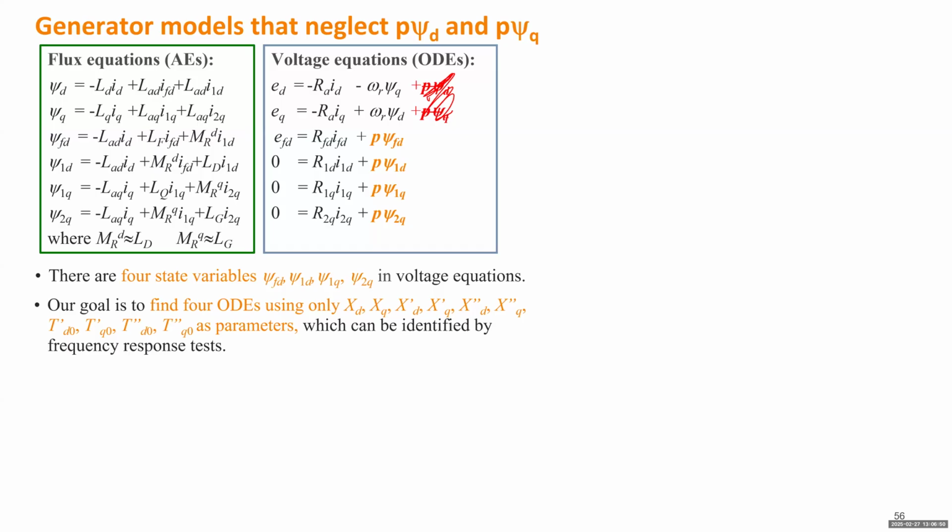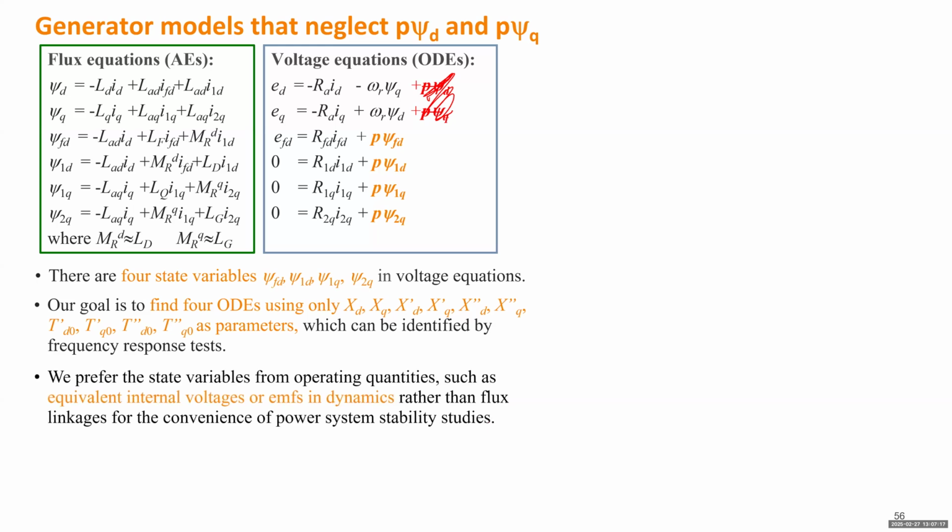So we want to get rid of those L or M and replace them with those X or T parameters. This is our goal. The four differential equations will be for the state variables categorizing the flux linkage change, but all the parameters will be either X or T with single or double prime.